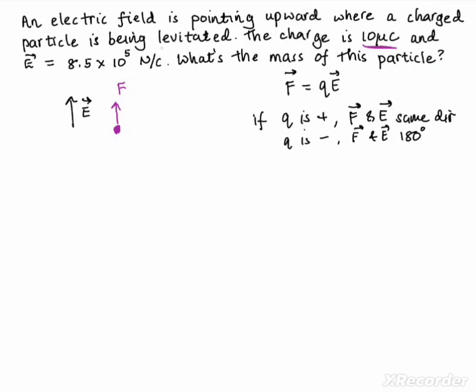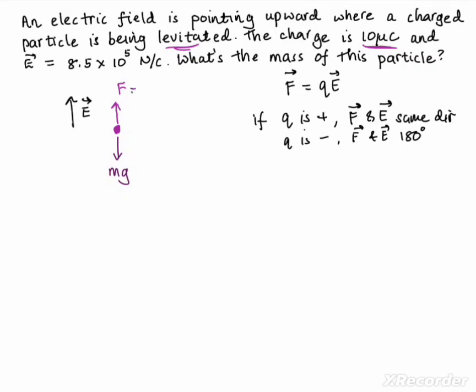If this is being levitated, that means something else has to balance that out. That can be the weight of the particle. If the force because of the electric field is upward and balances the weight of this object, then this particle would levitate in air.